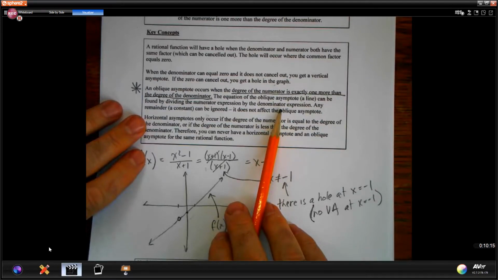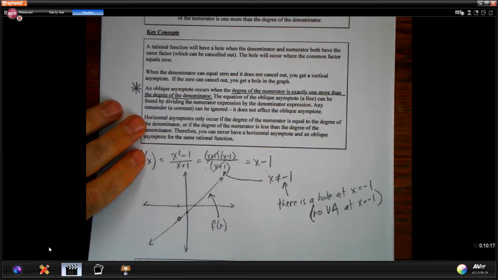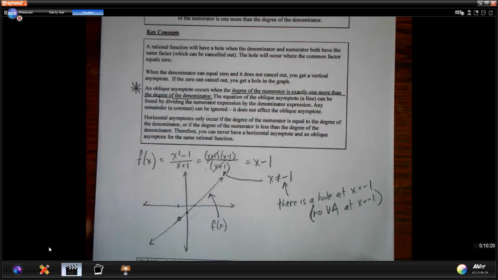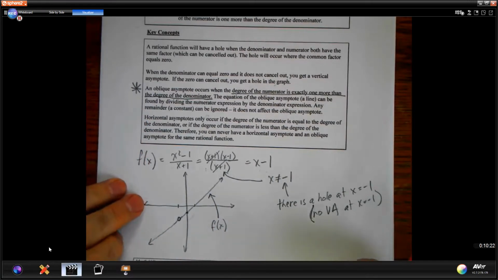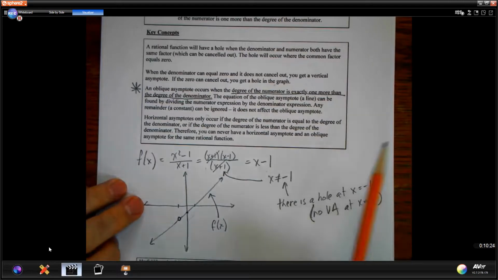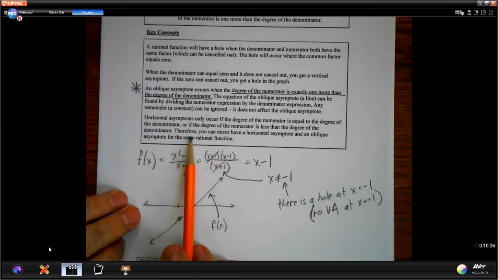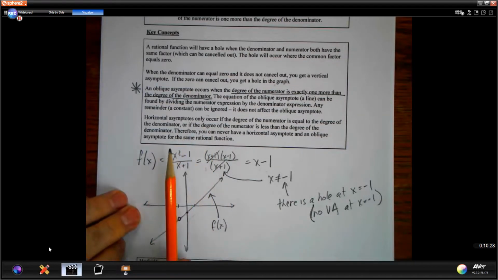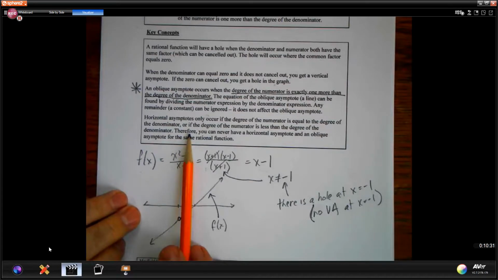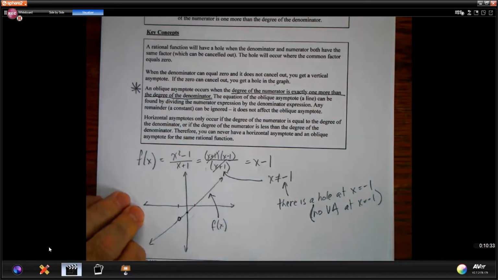The remainder is not part of your equation. We'll see that in a second. And this basically says you cannot have both a horizontal asymptote and an oblique one. It's one or the other, and that totally depends on the degrees of the numerator and denominator.